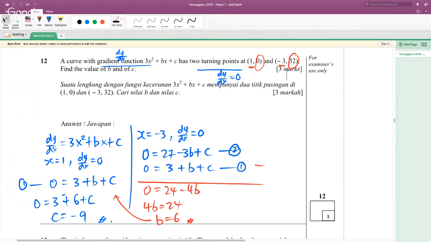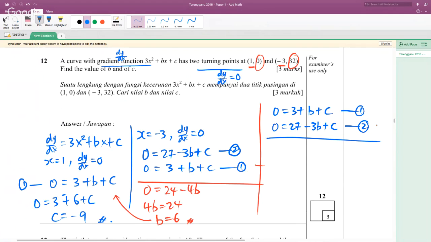Why would we get the same answer if we use 1 minus 2? Definitely you should get the same answer if you use 1 minus 2. This is a common question for most simultaneous equations. Let's say now I'm trying to use the first equation minus my second equation, to see whether I can get the same answer or not. 0 minus 0 is 0. 3 minus 27 is -24. b minus negative 3b is positive 4b.